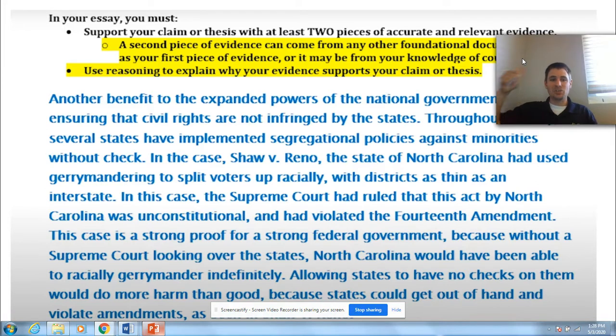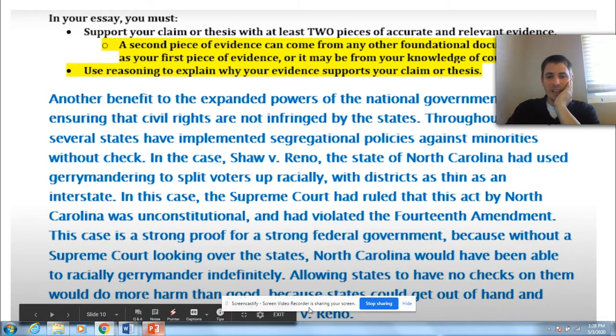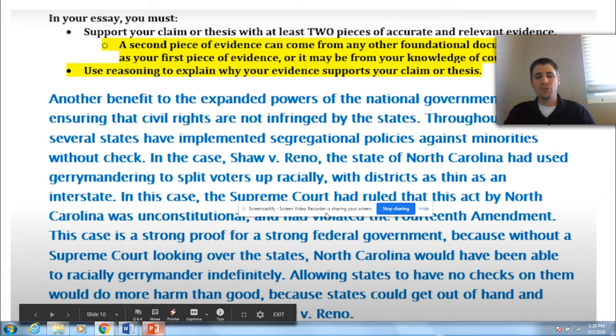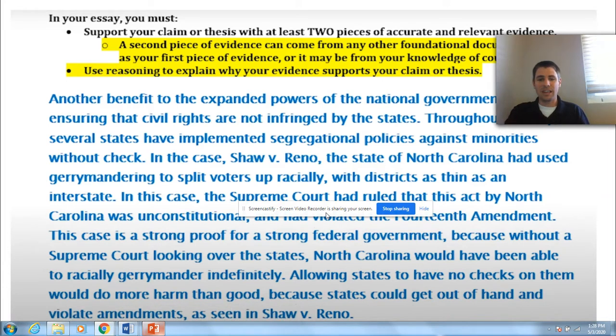This case is strong proof for a strong federal government because without a Supreme Court looking over the states, North Carolina would have been able to racially gerrymander indefinitely. Allowing states to have no checks on them would do more harm than good because states could get out of hand and violate amendments, as seen in Shaw v. Reno. Boom. Identify, describe that Supreme Court case, and then explain why. Elaborate, give examples, close the loop.